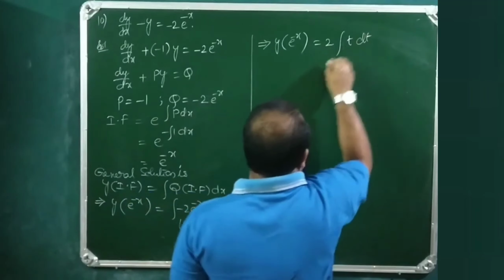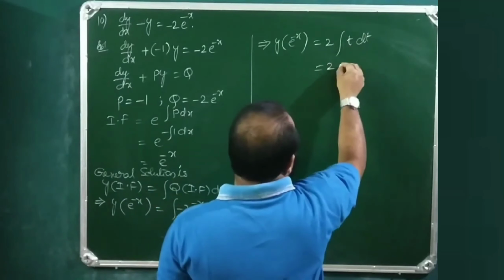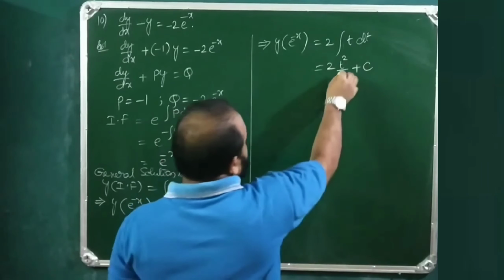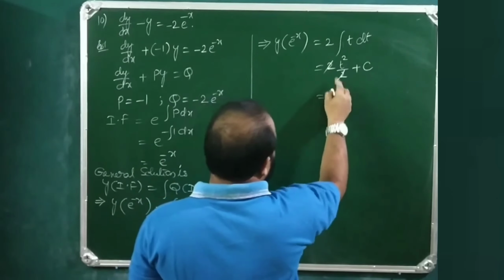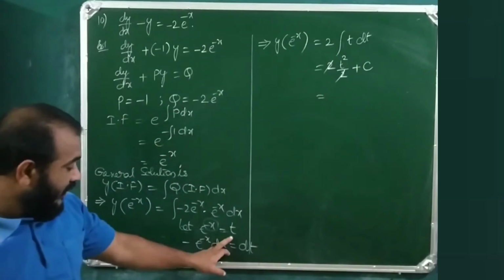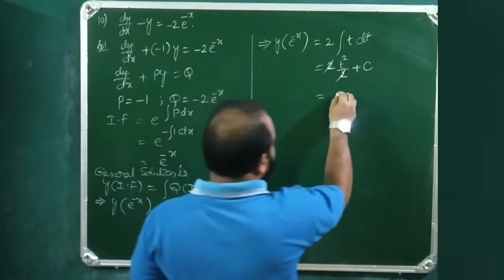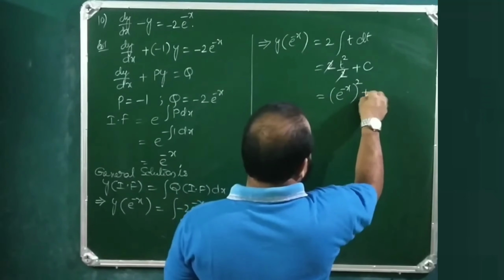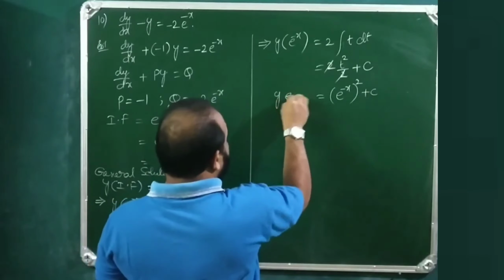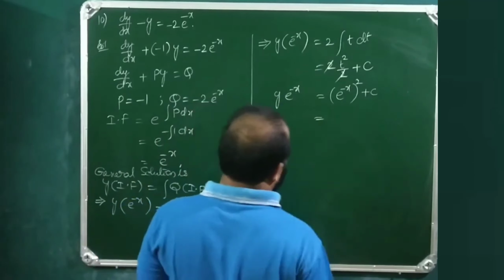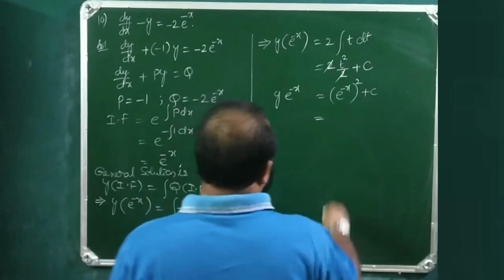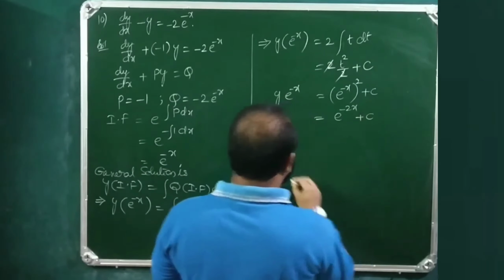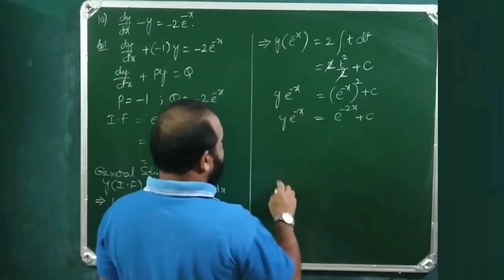So this is 2 into integral t dt, which is t square by 2 plus constant of integration c. So the 2 gets cancelled. What is t? t is e power minus x, whole square, plus c. So y into e power minus x equals e power minus 2x plus c.